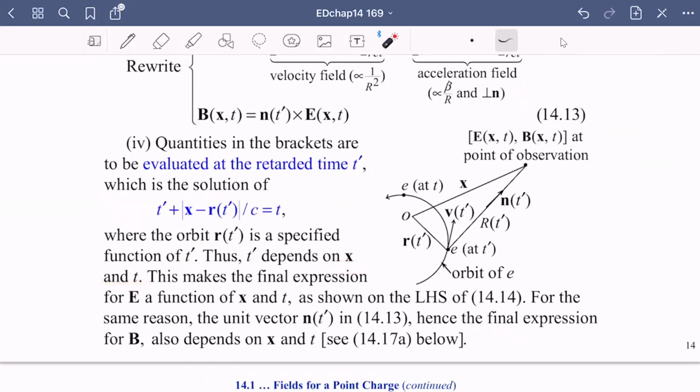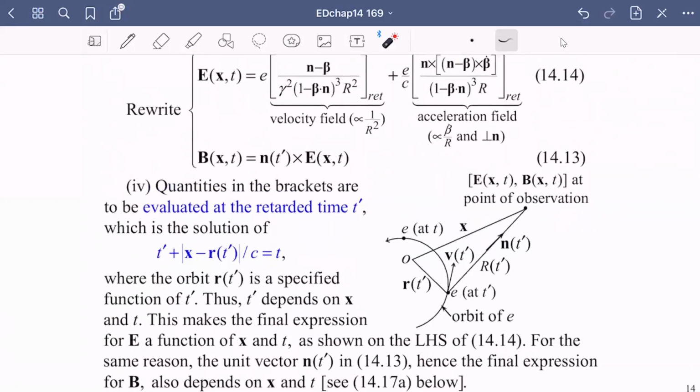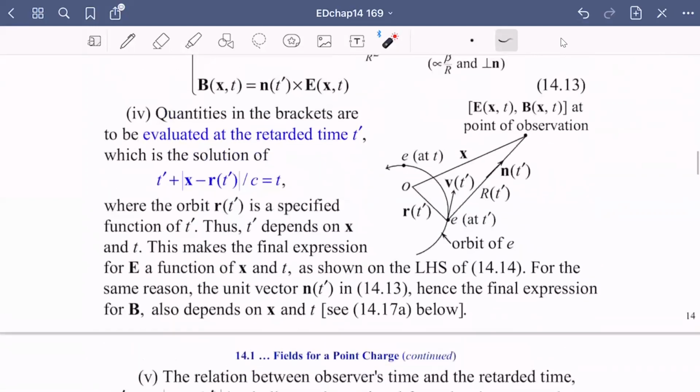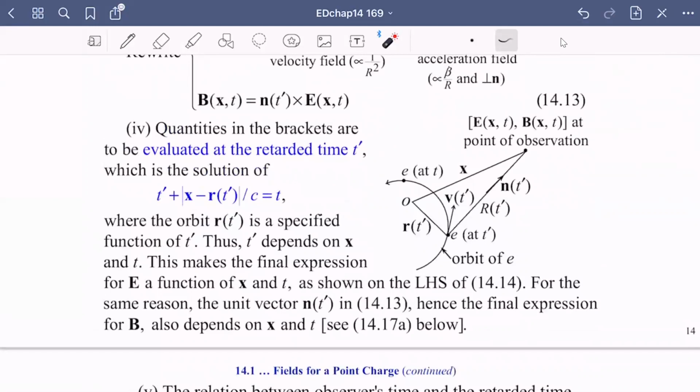This makes the final expression for E a function of x and t, as shown on the left-hand side of equation 14 here. For the same reason, the unit vector n(t') in equation 14.13, hence the final expression for B, also depends on x and t.